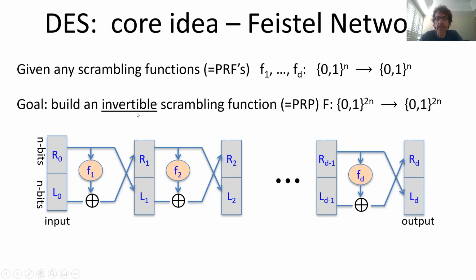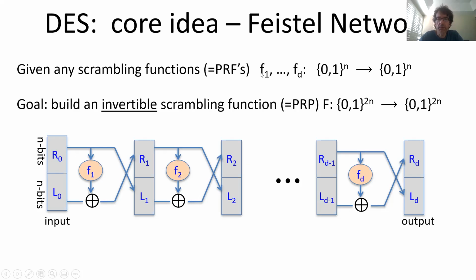Then I can create a PRP, an invertible scrambling function, that will use twice longer blocks, so its blocks are of size 2n rather than n. How does it work? I take my inputs to a capital F, and I split them into two halves, the left and the right. And what I do with them is the following.